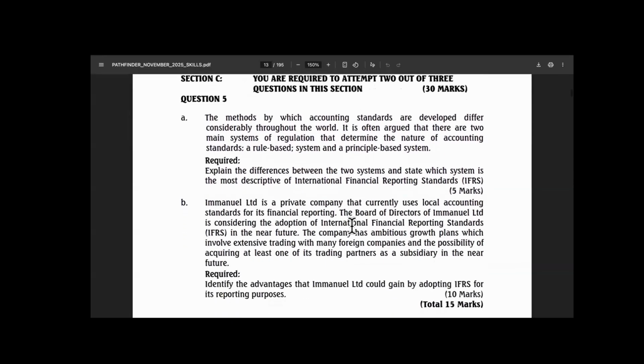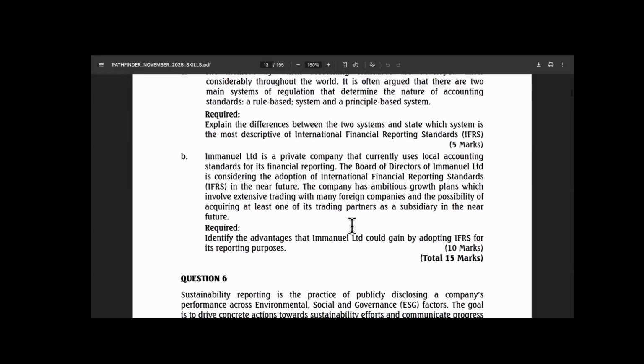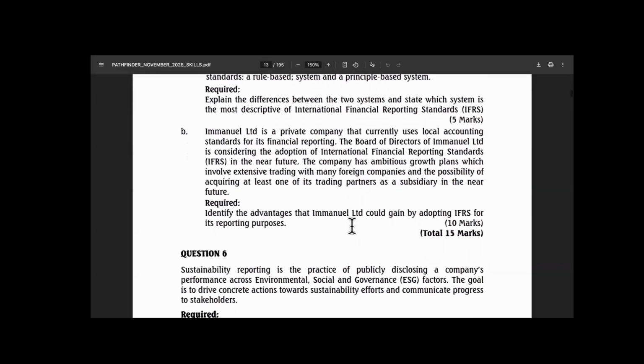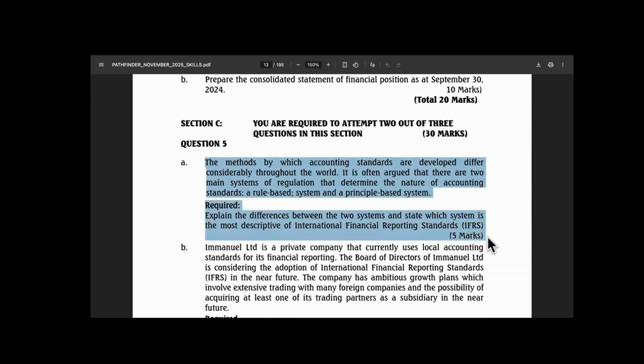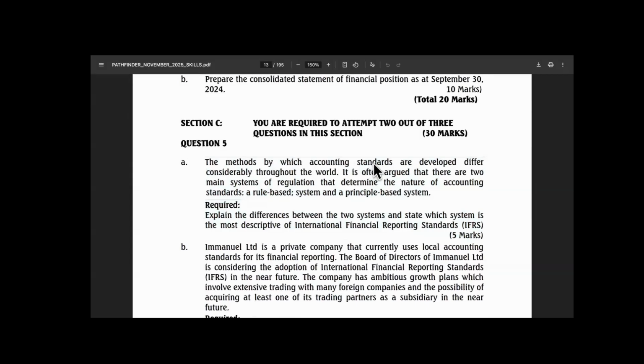So section C. Now here, for those of you that did not do my assignments, this is it. They said the methods by which accounting standards are developed differ considerably through the world. It is often argued that there are two main systems of regulation that determine the nature of accounting standards, rule-based and principle-based.